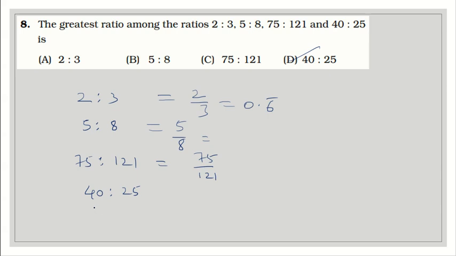Whereas the fourth one, that is the 40/25 fraction, is improper. It is greater than 1. That means definitely that is the greatest ratio. So that's how I'll straight away say the answer. See how quickly it is possible to identify. Okay, then moving on to question number 9.